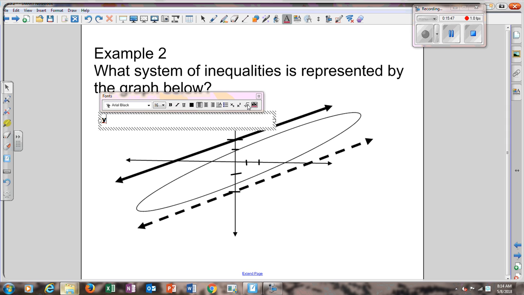Less than or equal to, goes up 2, so it's something x plus 2.